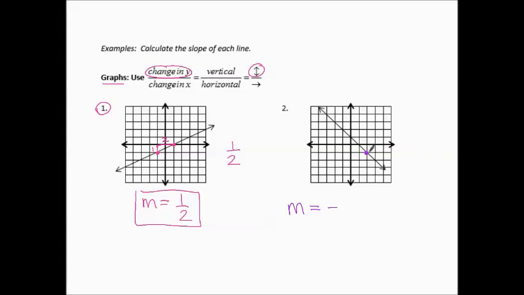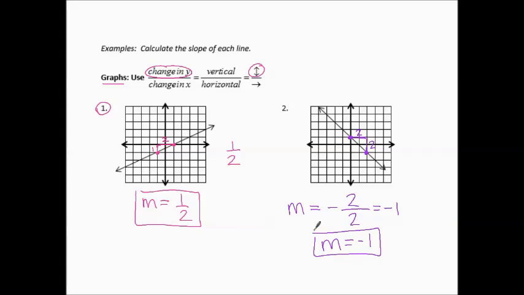So I have one here that crosses nicely, and I also see there's one right here. So now I want to figure out how I get from this point to this point. I see that I can go down 2, and that's going to be my numerator. And I see that I go over 2, and that's going to be my denominator. And I know that negative 2 over 2 is equal to negative 1. So my slope is equal to negative 1.